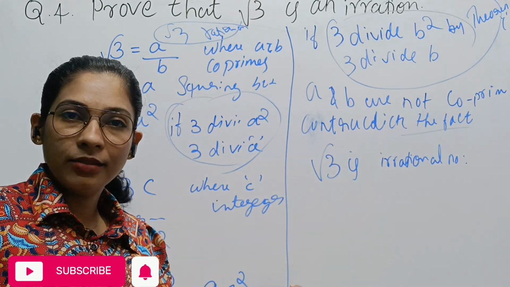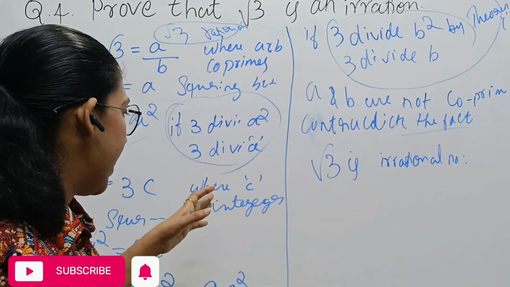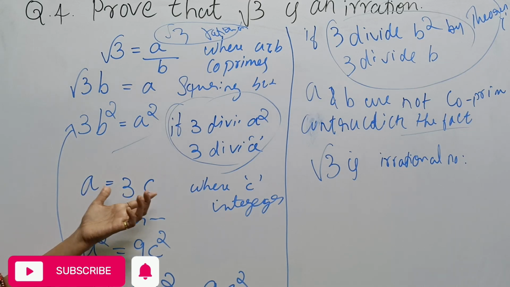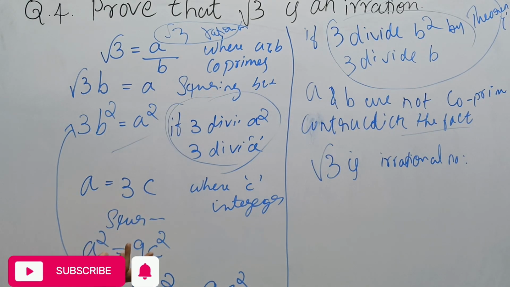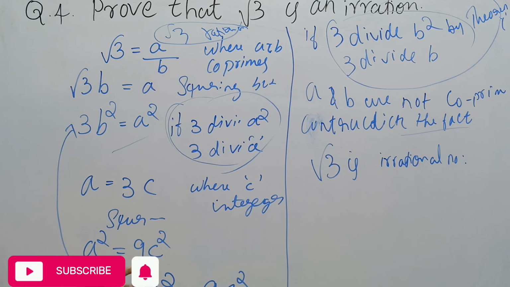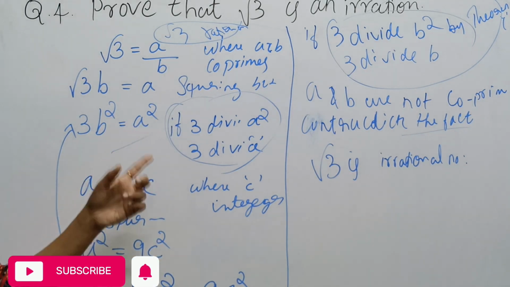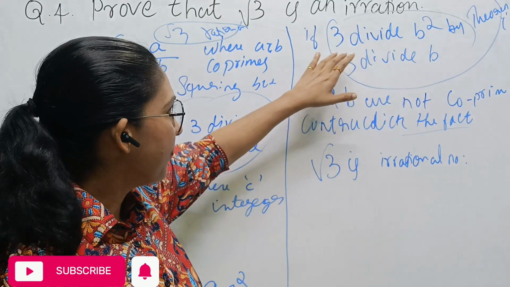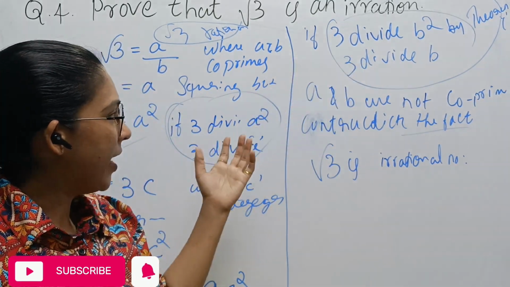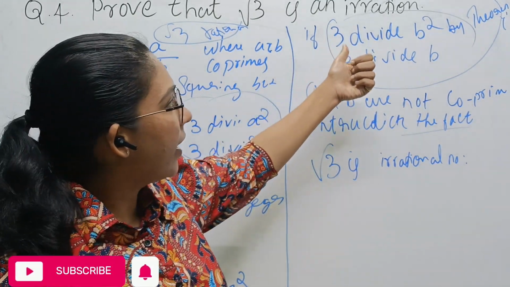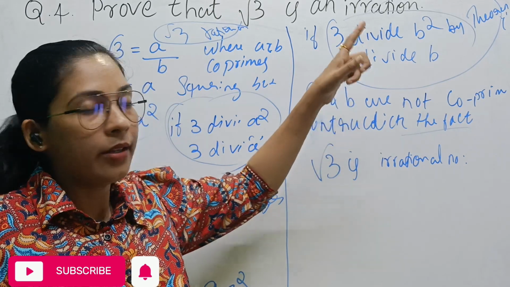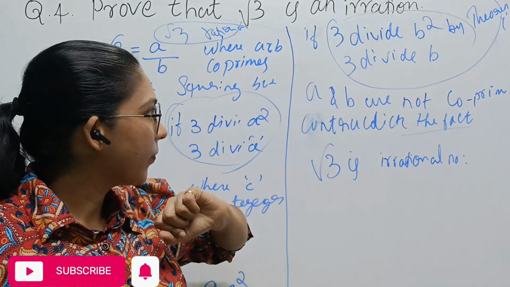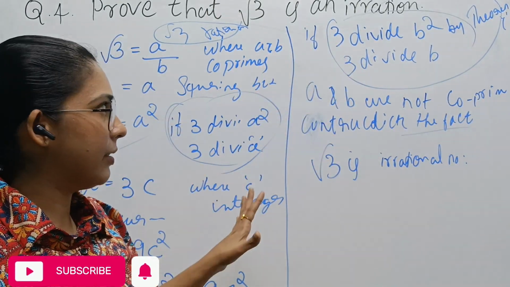We have another constant term, that is c. It's an integer. Then a is equal to 3c. Then squaring both sides, we get a square is equal to 9c square. And substituting the value in here, we get 3b square is equal to 9c square. Then as we did earlier, 3 divides b square, then 3 divides b by theorem 1.